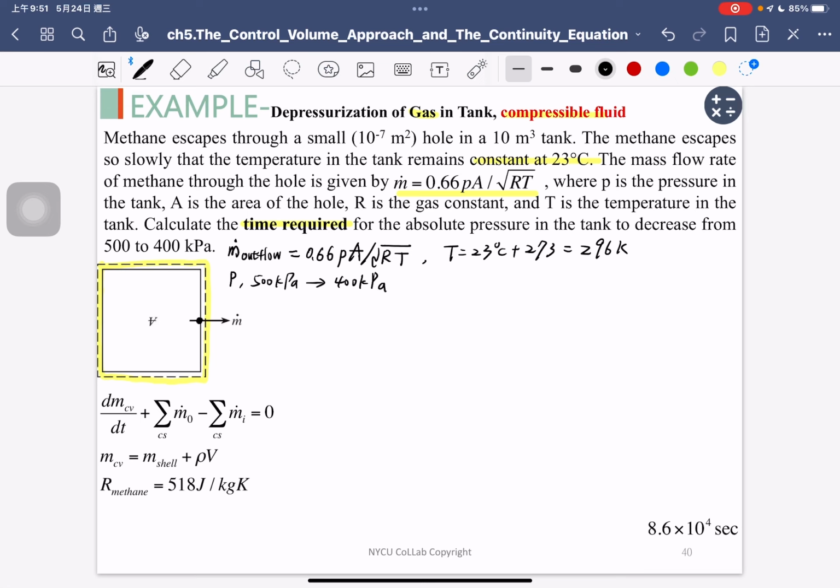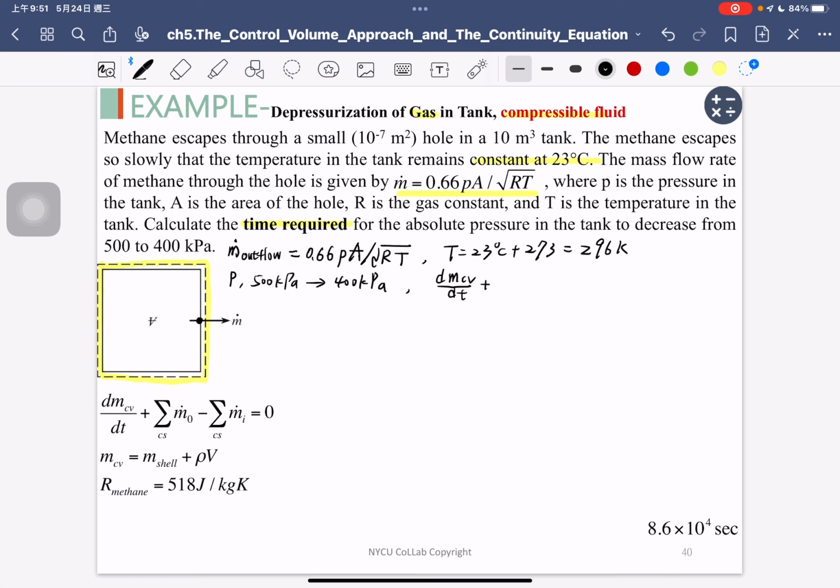So we know that the gas will flow outside when the time increases, and after the gas flows outside, the pressure inside the tank will decrease. Okay, so how much time is required for the pressure to change? Again, we first write down the continuity equation.